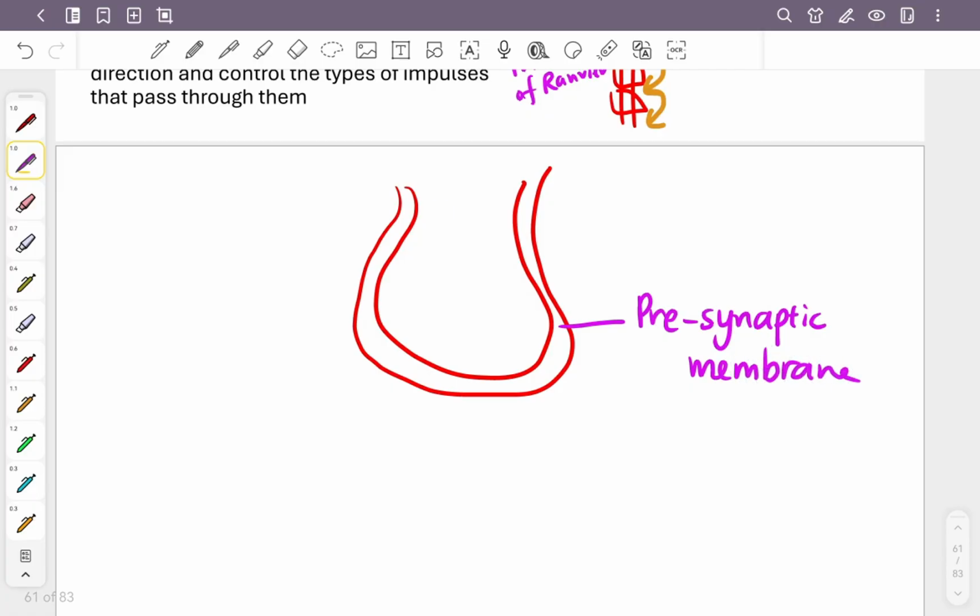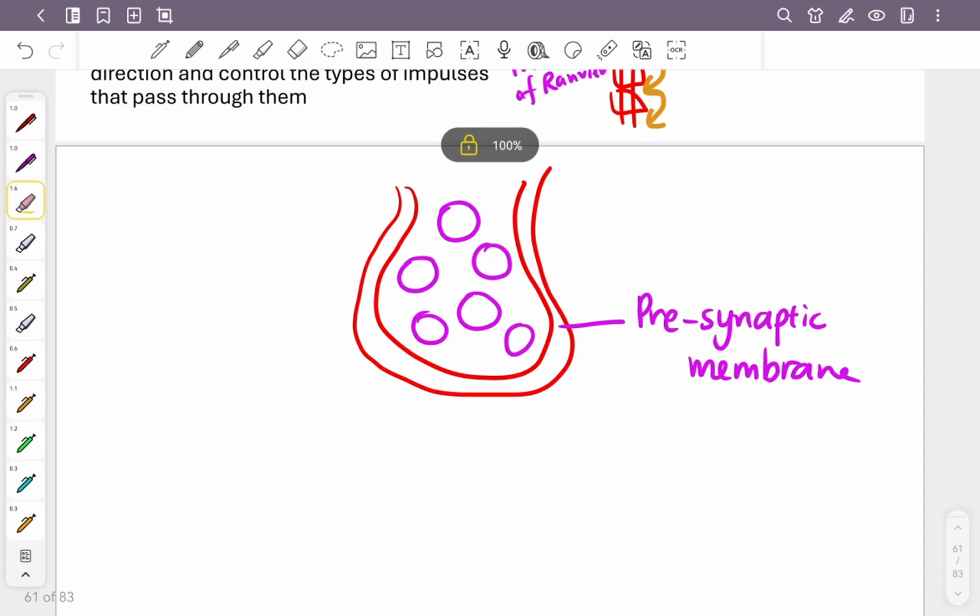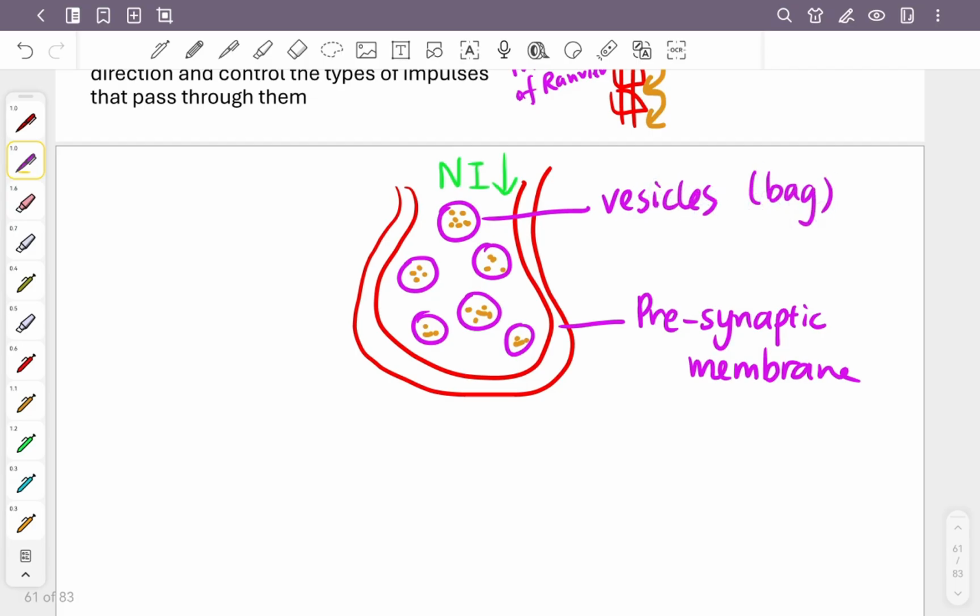And then you have a lot of these vesicles. Actually, this pink thing is what we call a vesicle. You can imagine it as a bag. Inside your bag, there is a lot of what we call neurotransmitter.